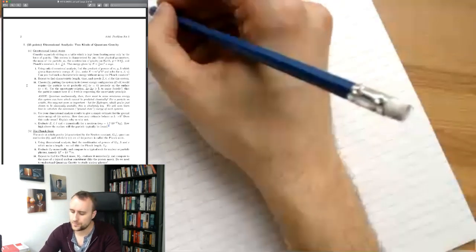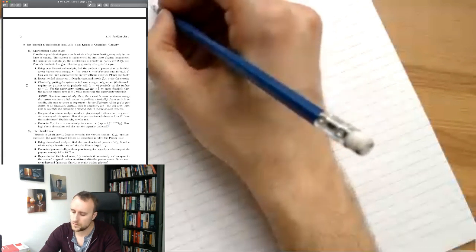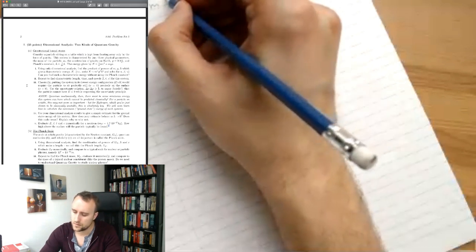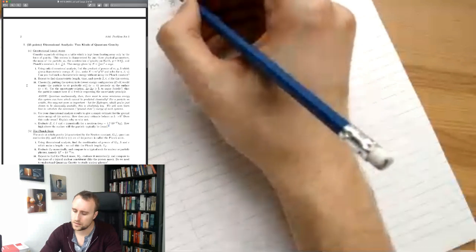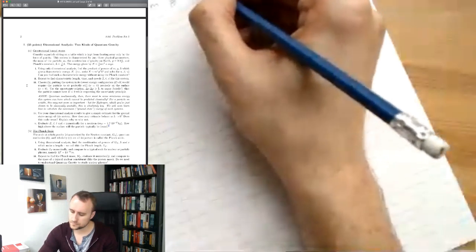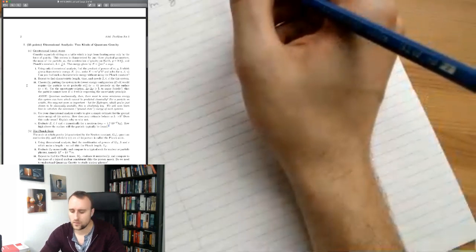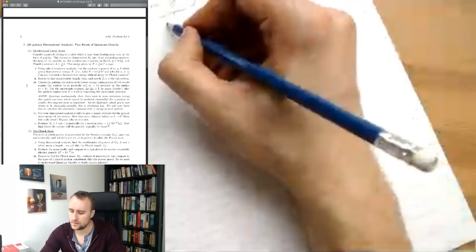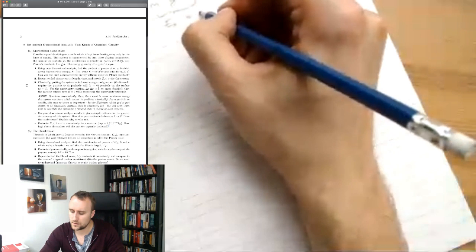I didn't write down the actual answer. So we have mass to the 1/3, g to the 2/3, h-bar to the 2/3. So we're assuming E0 is on this order.